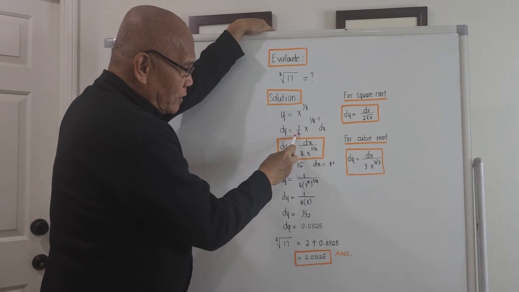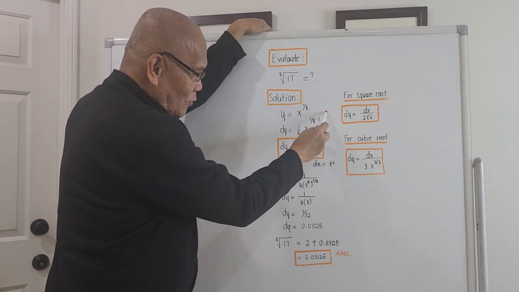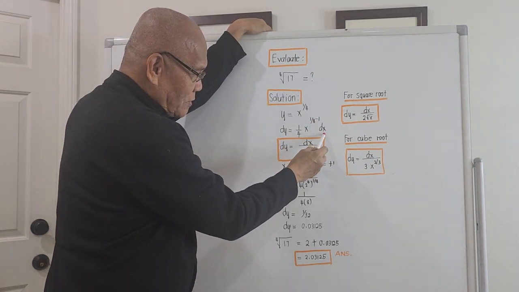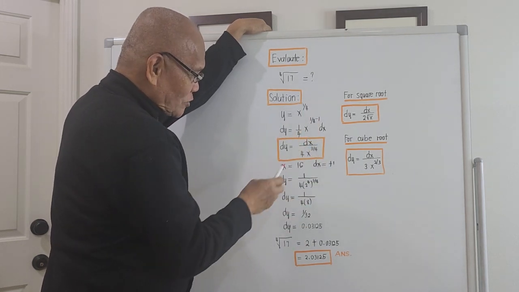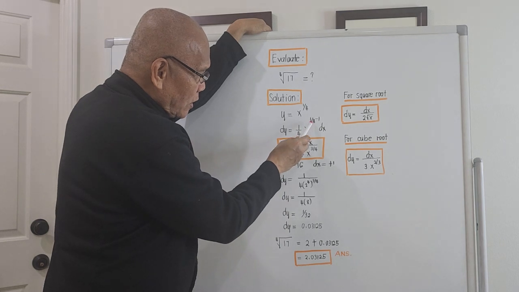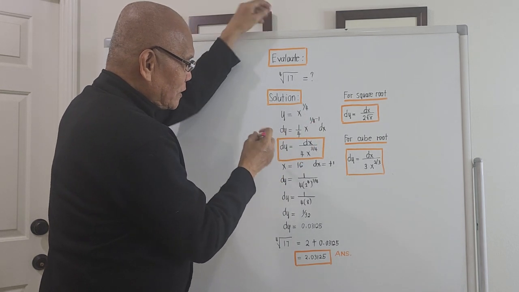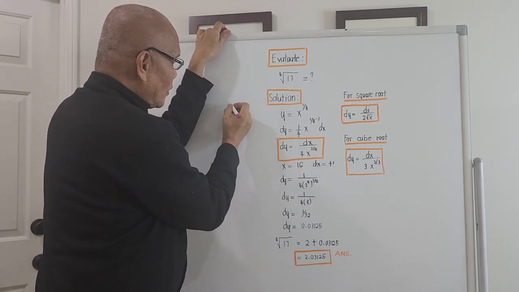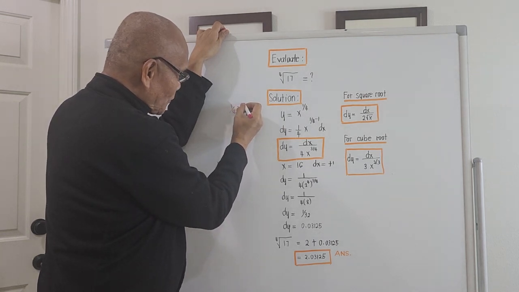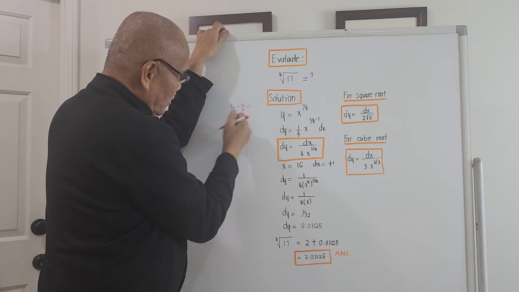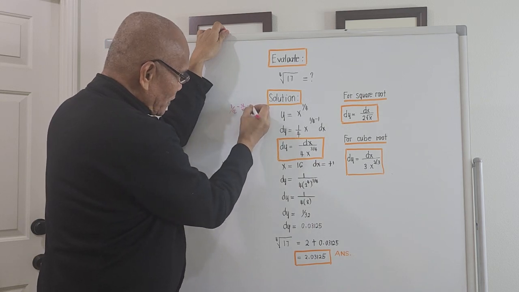It should be n times u raised to n minus 1 times the differential. That u for the meantime is x. So if we simplify this, 1/4 minus 1, minus 1 is actually 4/4, right? And 1/4 minus 4/4 is minus 3/4.